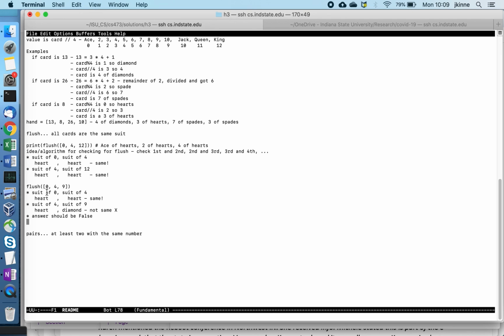Okay, so I want to compare these, and then I want to compare these, and if I ever get that they're not the same, it's not a flush. So the loop for that, I want to look at for i in range 1 up to the length of my hand.